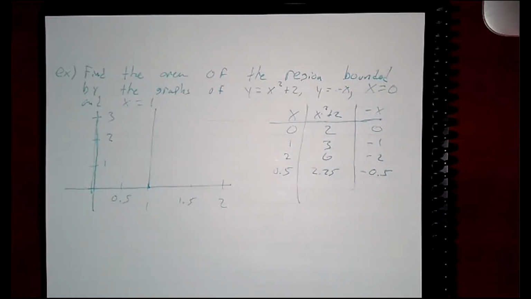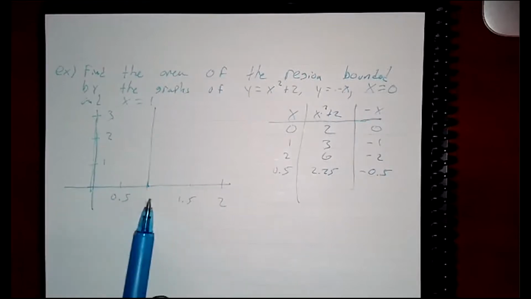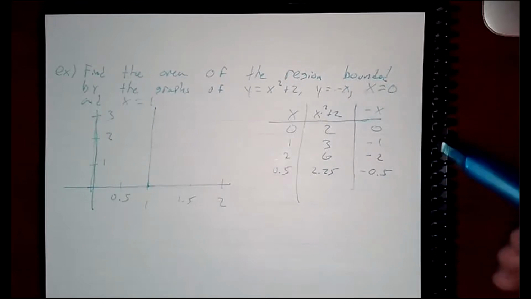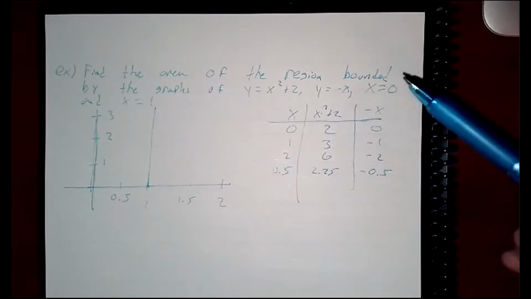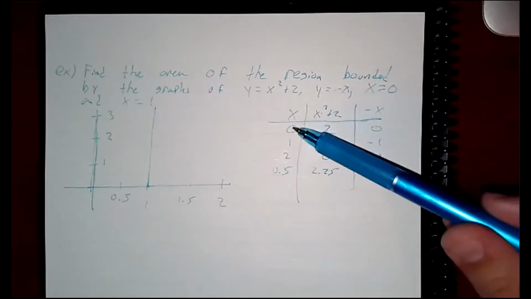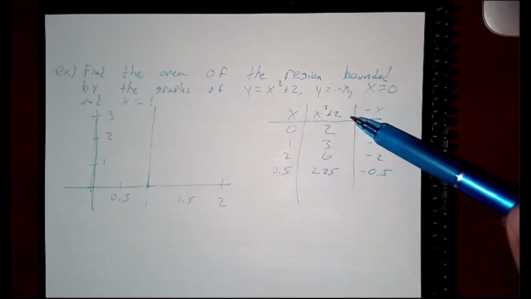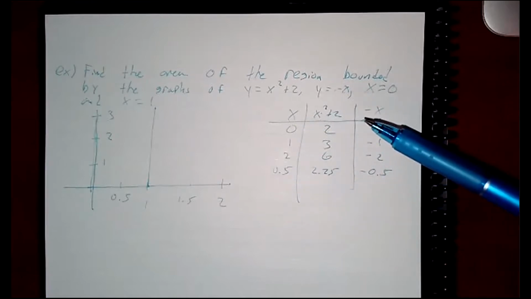Of course, you can use your calculator. So here, under x, it's 2, 3, 6 in the middle column? Yes, 2, 3, 6. Why do we choose the x squared plus 2 to substitute the x values, and not the negative x?